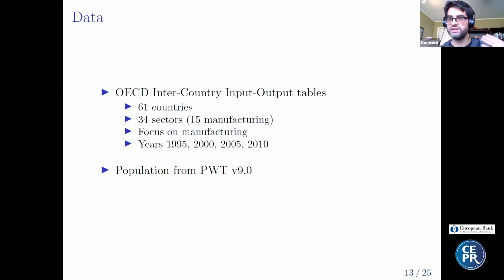You don't see any t subscripts on what I showed you. We could do, and have done, the estimation for one year alone. We get a tiny bit of extra power from using the extra years, but we're not really using the time series so much as just a repeated cross-section. And finally, we get population data from the Penn World Tables.